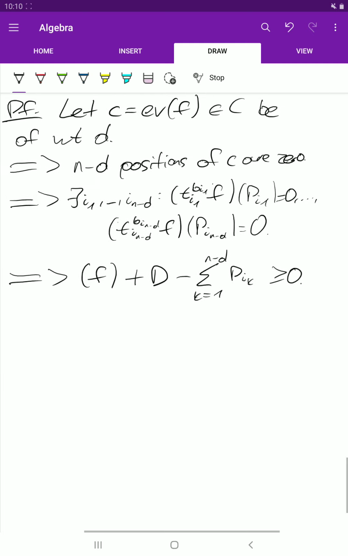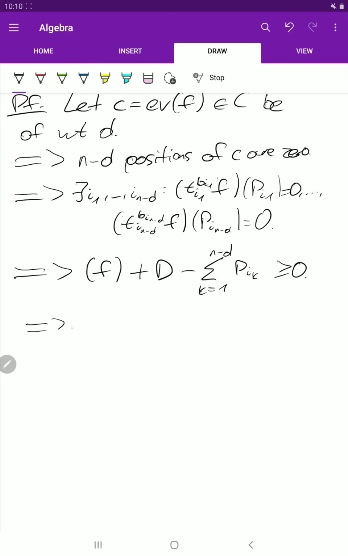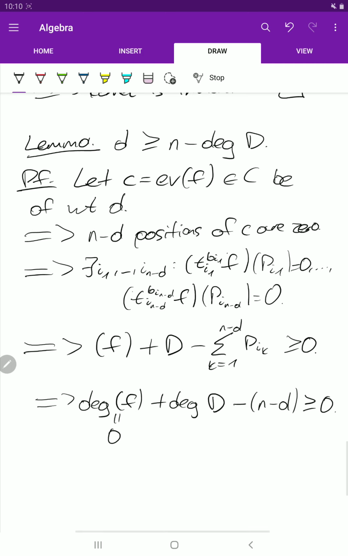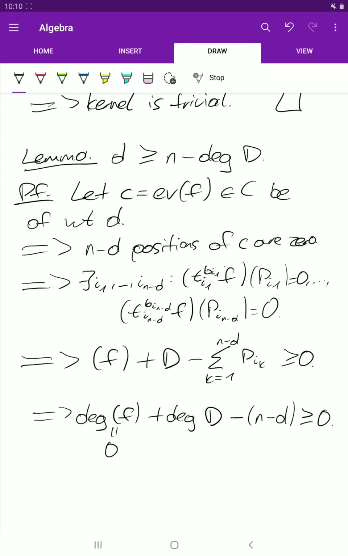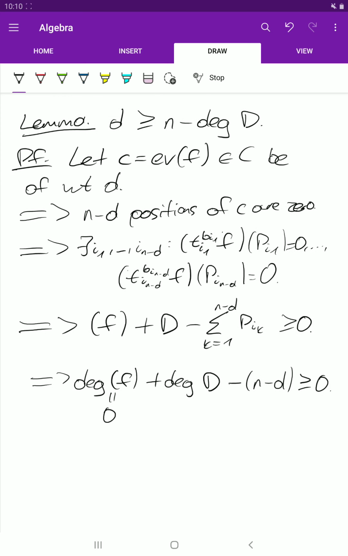And now we just apply the degree to that. So we get degree of (f) plus degree of D plus the degree of this thing here, which is just minus (n minus d), is at least the degree of 0, which is 0. The degree of (f) is also 0. I don't know if I mentioned it, but the degree of the divisor of an element in a function field is always 0.